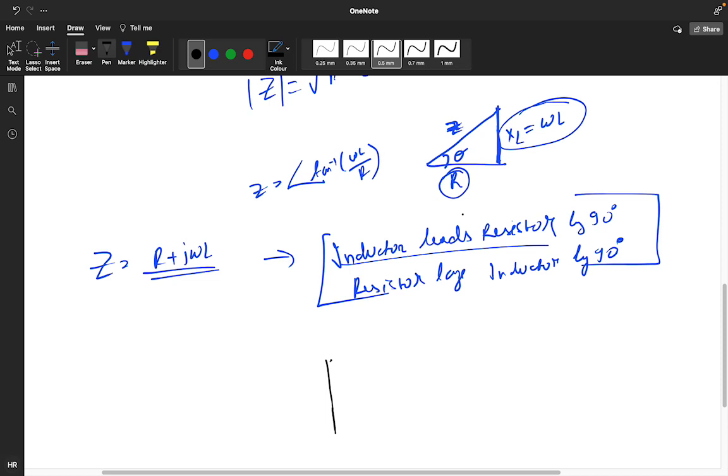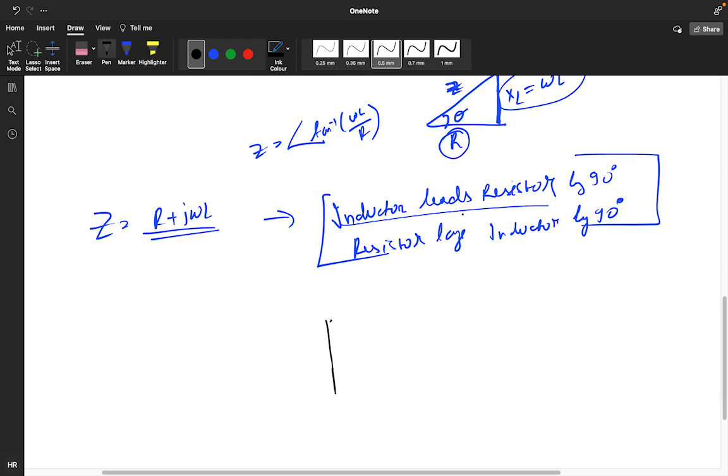Now what about power? How will the power lead and lag? The concept of reactive power will come in this case. What is reactive power?